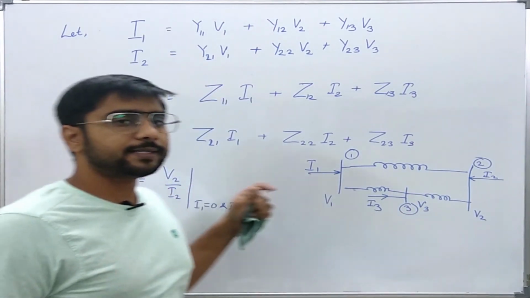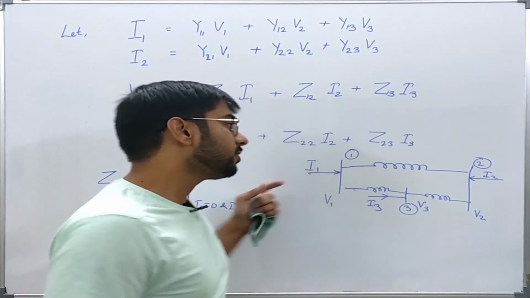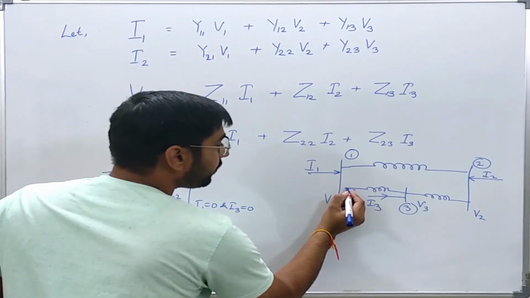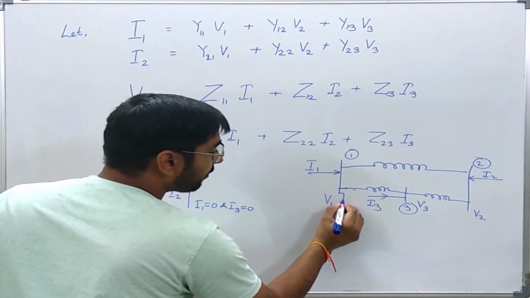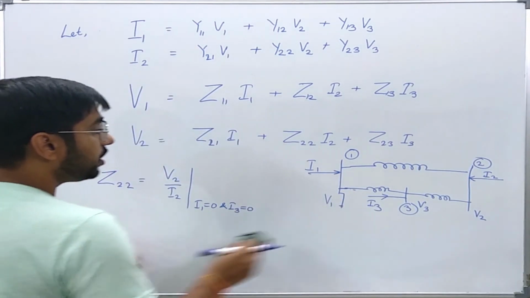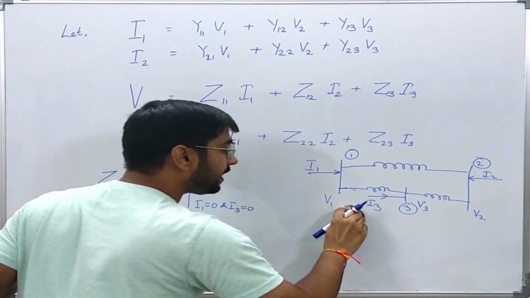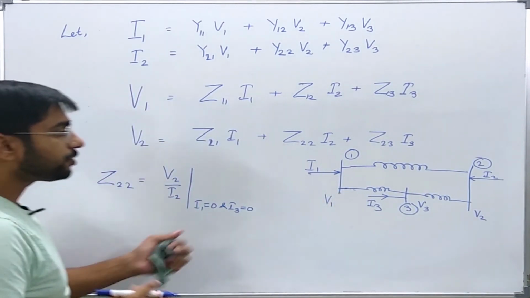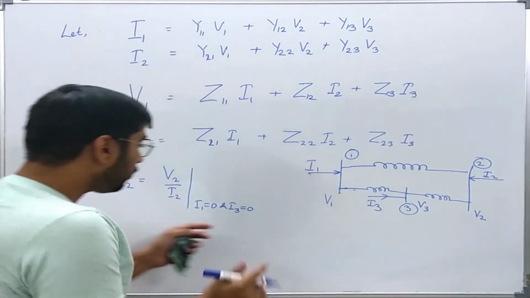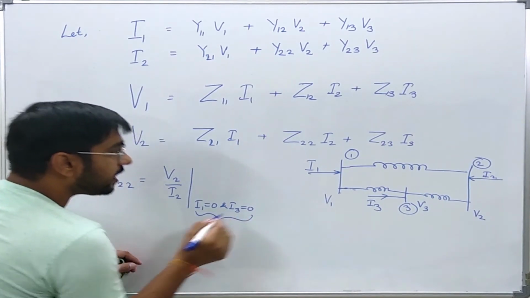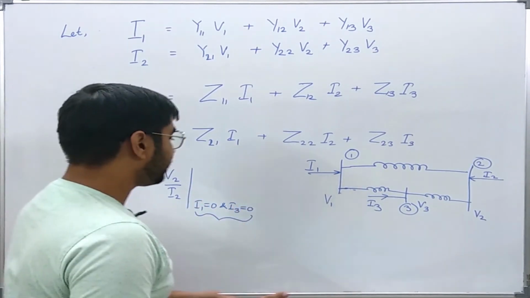Now we had seen that for the admittance matrix we had to short the buses with the reference bus. However, to find the elements of the impedance matrix, instead of shorting the buses, we have to open the source currents, or we have to open these currents.